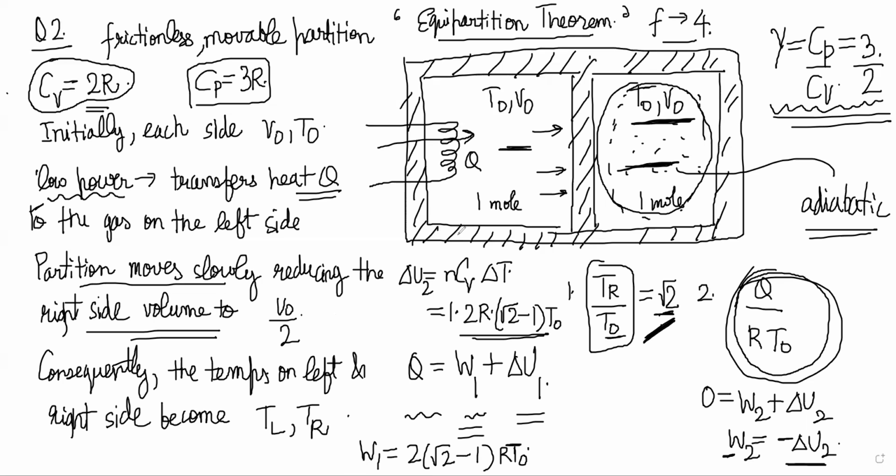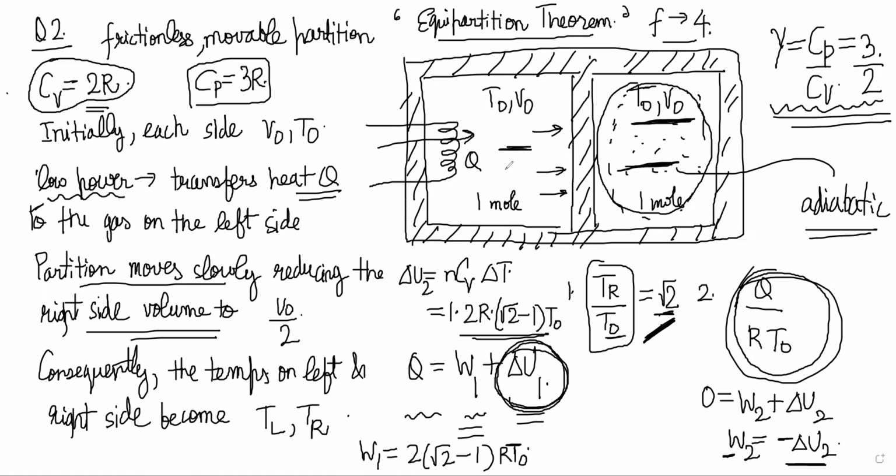Okay, fine. Now we need to find internal energy change for part 1. Again, we have to do nCV delta T, but we don't know the temperature of this final part, right? So for that, we have to figure out what to do.